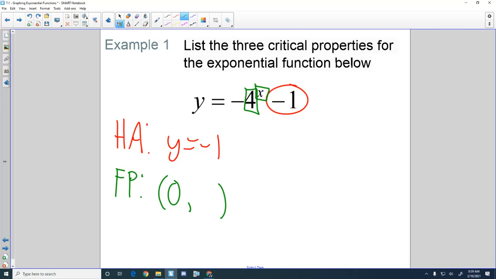Yeah, this is tricky, right? What number is in front of that 4? A -1. Yes, yes, yes. This is actually like a -1. Here, let me rewrite this. This is like -1 times 4 to the x minus 1. So that first point, -1 minus 1, is -2.